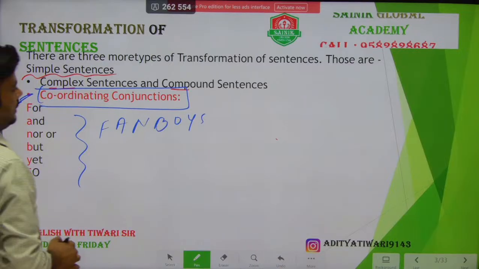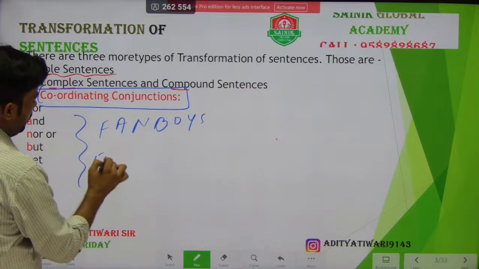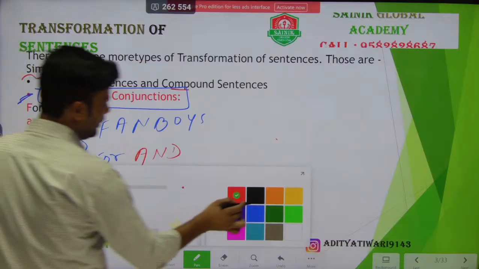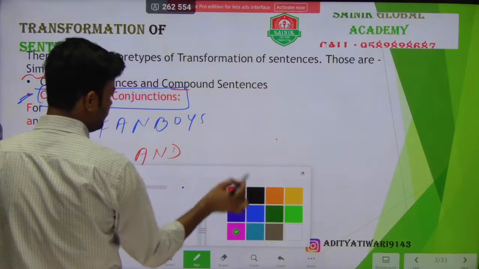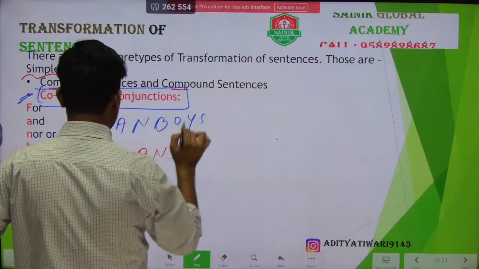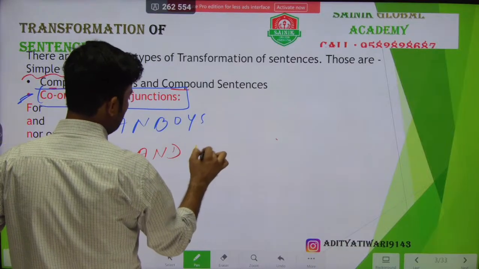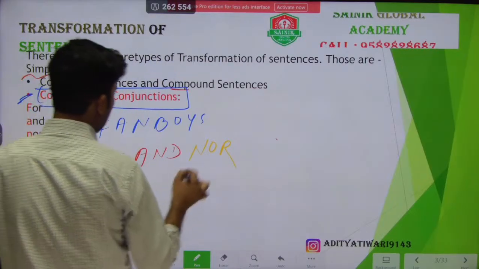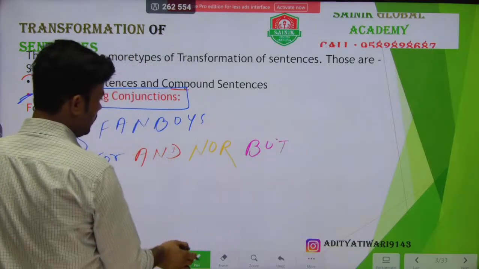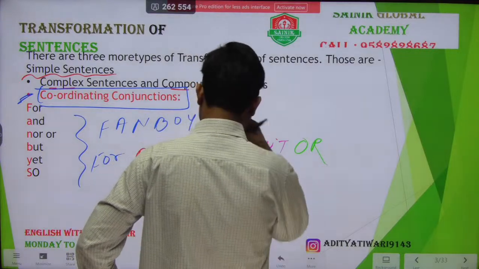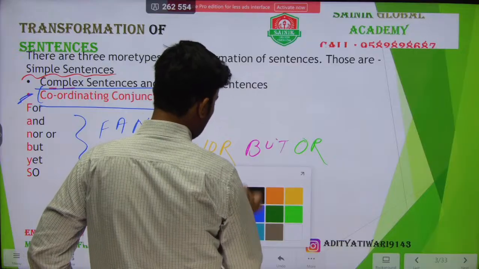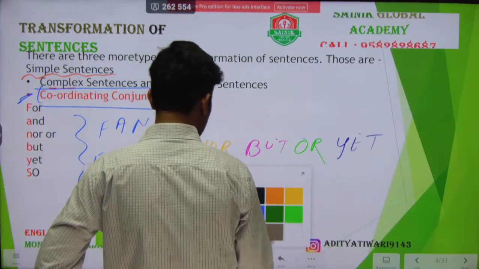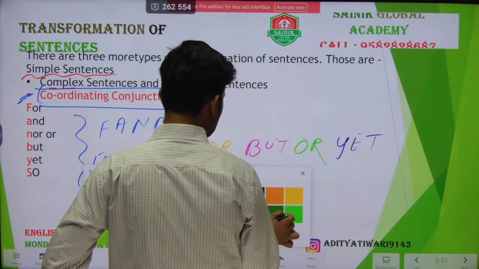These are the part of coordinating conjunctions. In FANBOYS, F means for, A means and, N means nor, B means but, O means or, Y means yet, and lastly S means so.